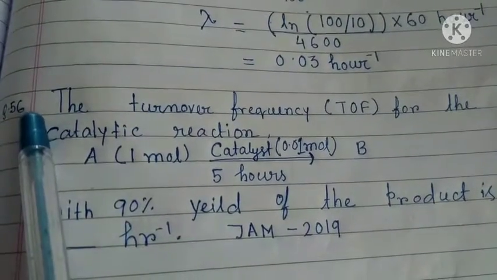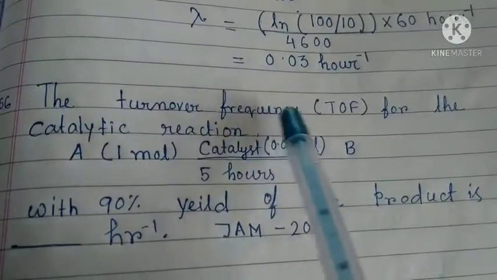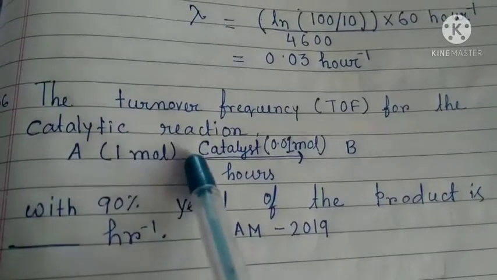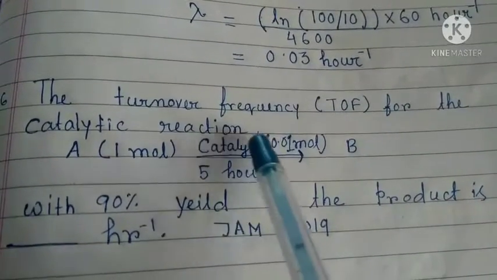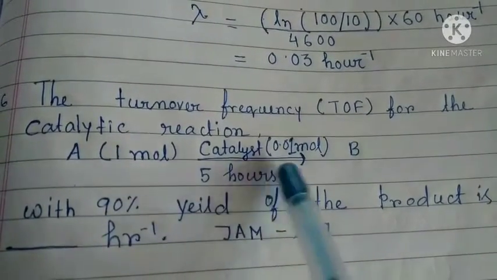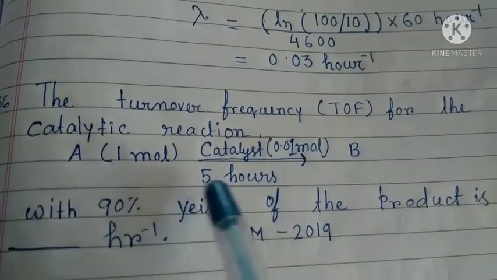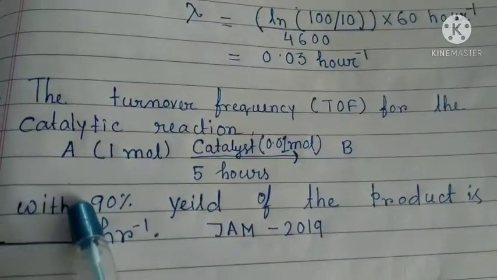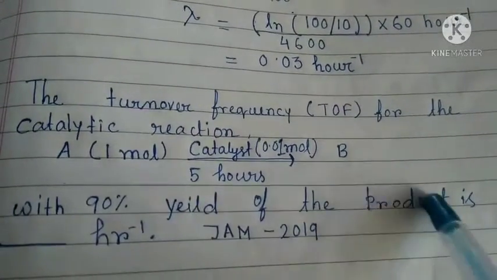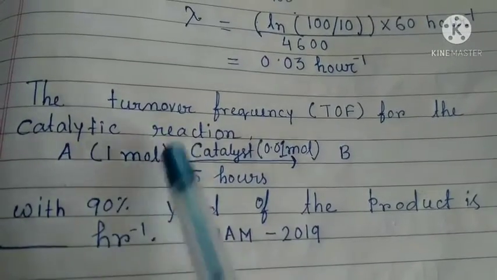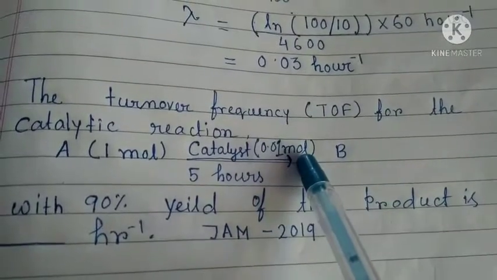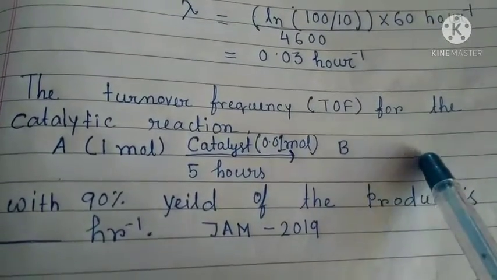Question number 56. The turnover frequency for the catalytic reaction A taken 1 mole converted into B, catalyst concentration here 0.01 mole, and in 5 hours, with a 90% yield of the product. So 90% yield of the product means 90% of the reactant has been converted into product by using 0.01 molar concentration of the catalyst.